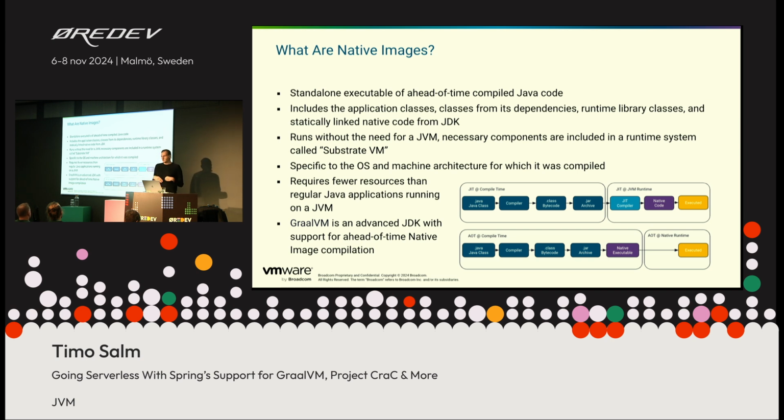The code to get to those native images is compiled ahead of time, because you are more or less eliminating all the dynamic behavior you have in your applications. And as you know, Java is a really dynamic language. So that's what it actually is: compilation of the code ahead of time instead of just in time, to a native executable.